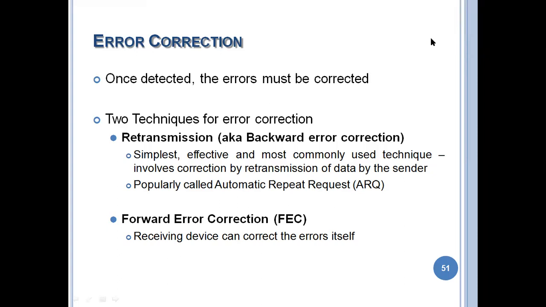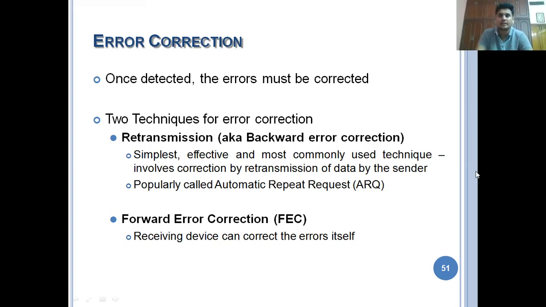If it is odd parity, it generates 1. If it is even parity, the generator will generate 0. But the disadvantage of vertical redundancy check is that it only checks an odd number of errors. So that is the disadvantage.